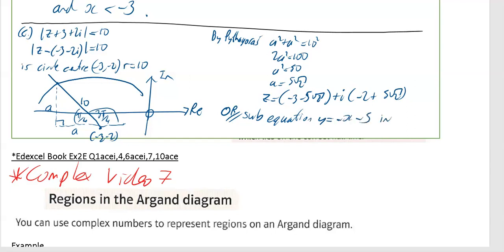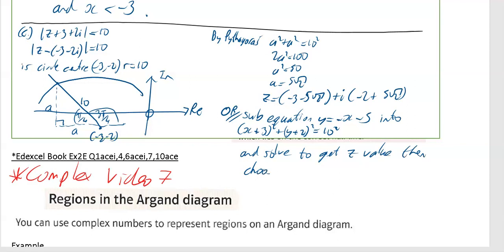That was your half line, remember, into the equation of the circle, which would be x plus 3 squared plus y plus 2 squared is equal to 10 squared. And solve to get the z values. Then, very important, then choose the appropriate one.